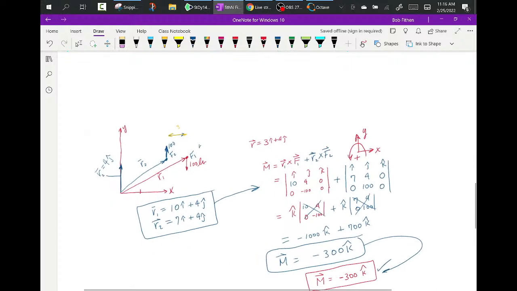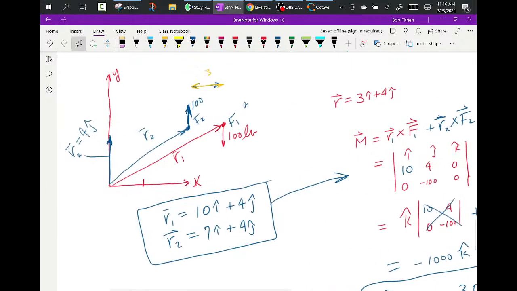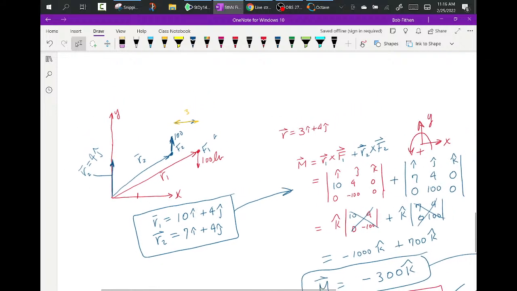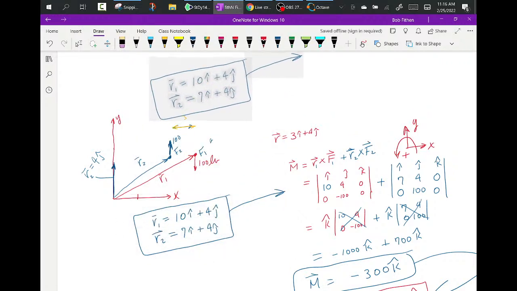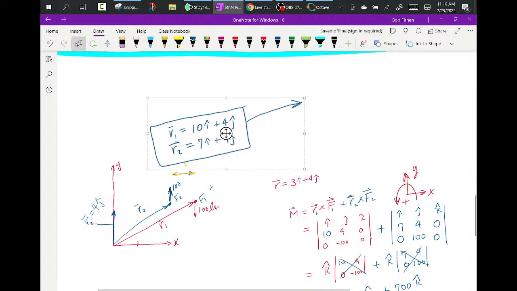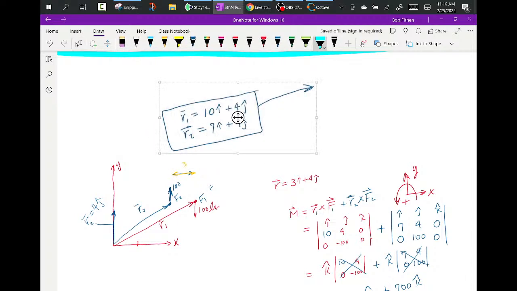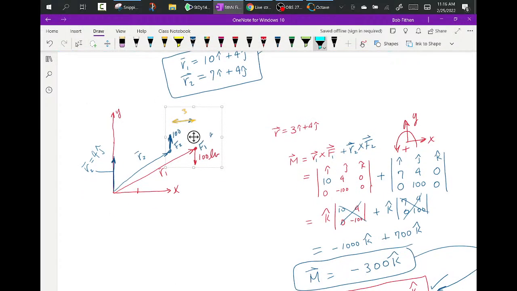And this time, I'm going to arbitrarily take these things. First of all, I'm going to move this up and out of the way, up on top, maybe. Now what I'm going to do, I'm going to take those forces and move them in any arbitrary position.